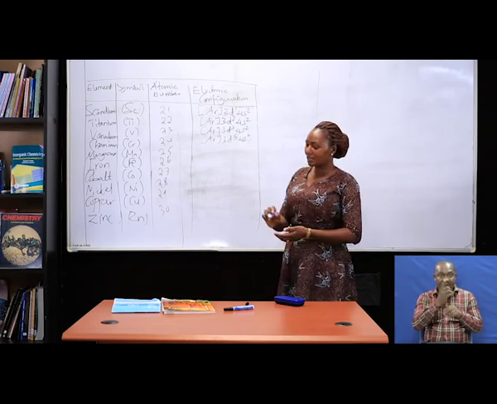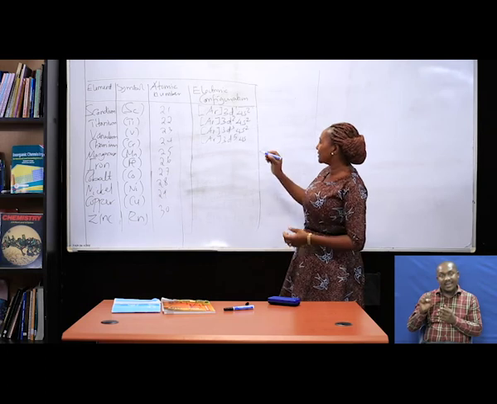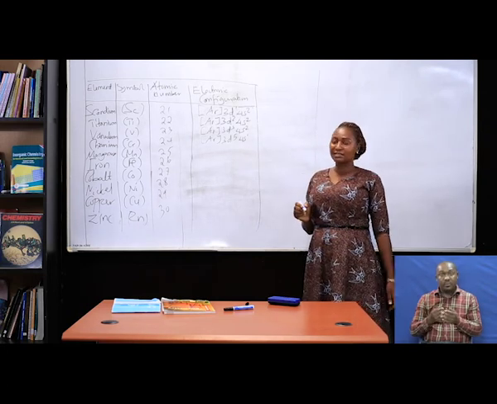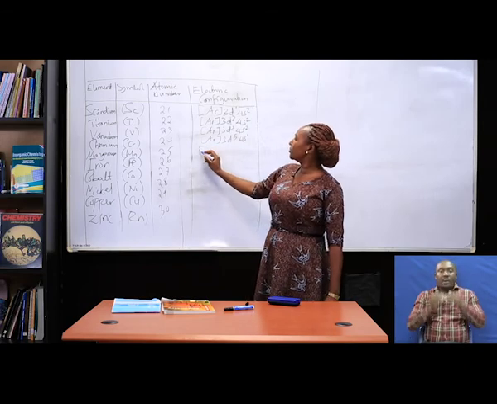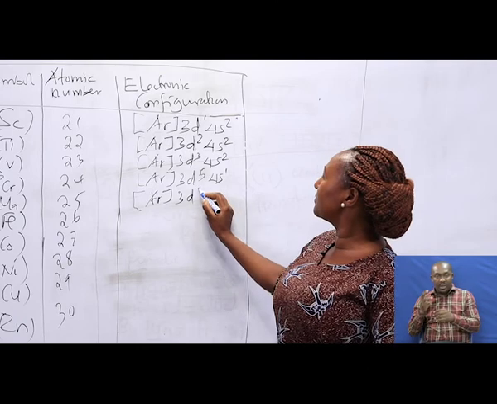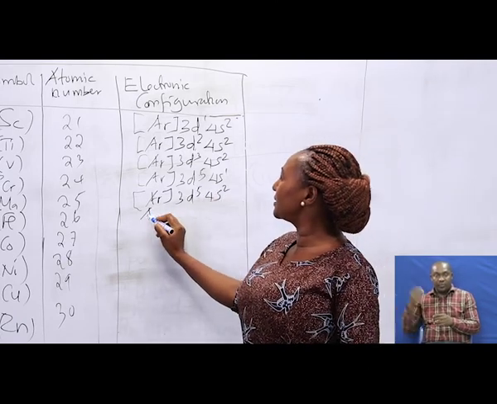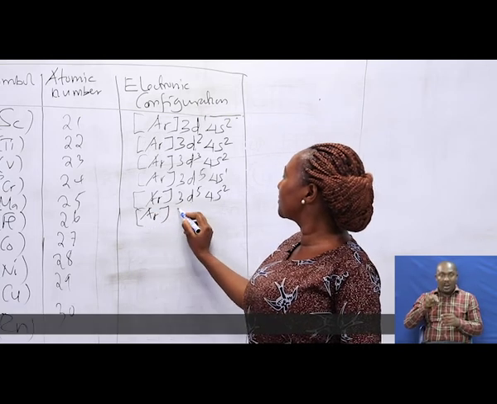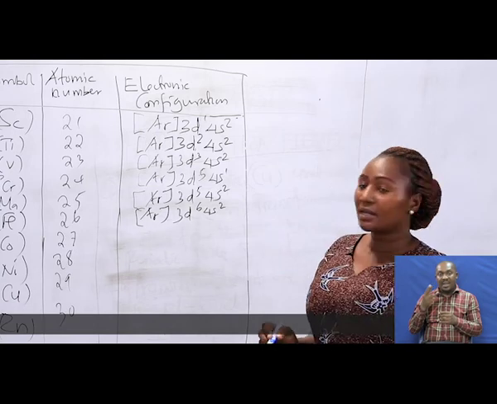But here for chromium, I am going to tell you the reason we are supposed to write 3d5 and 4s1. We are going to see the reason. Then manganese, which is argon 3d5 4s2. Iron, argon 3d6 4s2.